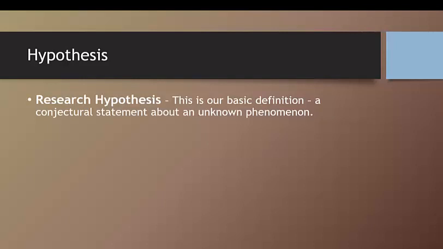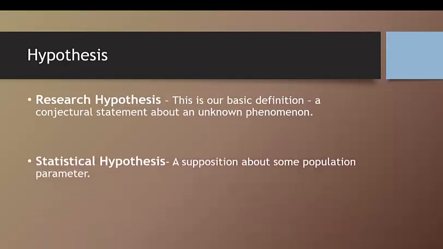So in research then, a research hypothesis becomes basically that same definition. A conjectural statement about an unknown phenomena. A statistical hypothesis is we're making a supposition about some population parameter.